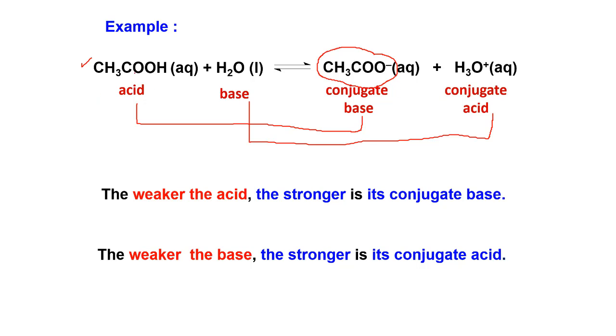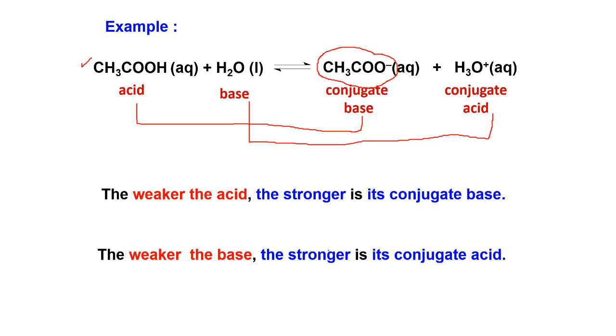Form semula acetic acid and water. Jadi itu yang dikatakan both forward reaction and the reverse reaction involve a proton transfer. Okay, the weaker the acid, the stronger its conjugate base. And the weaker the base, the stronger is its conjugate acid. Okay, dia kata lagi lemah sesuatu acid itu, dia punya pasangan conjugate base adalah lebih kuat.